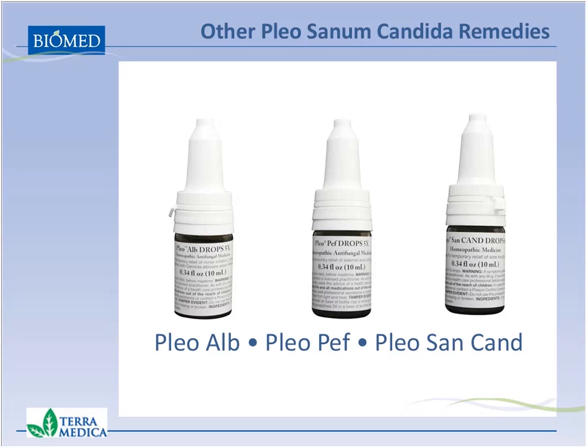Pleo San Cand is especially for dealing with mycotoxins released by Candida and/or due to a cell wall deficient form, perhaps due to previous antimycotic and antifungal remedies that turned it into a cell wall deficient form. It's going to be able to tag this for the immune system to clear out as well. Okay, so those are a few extras.